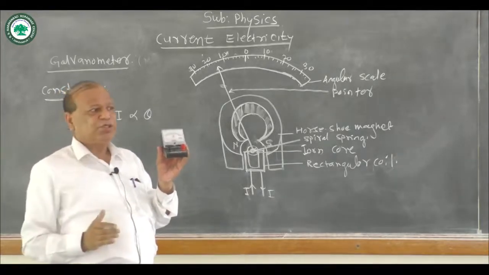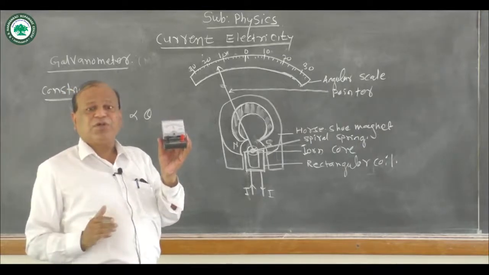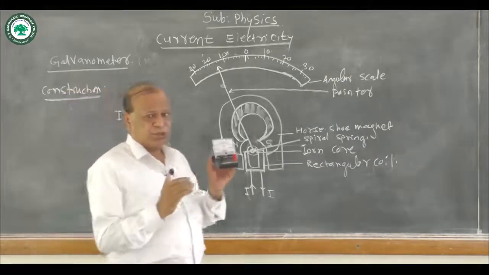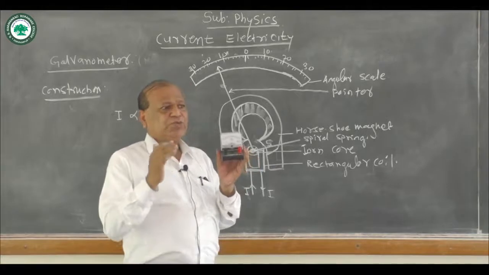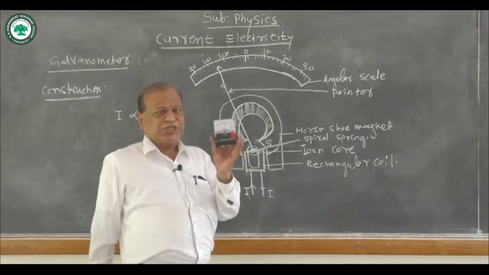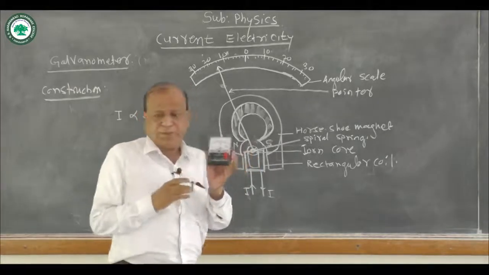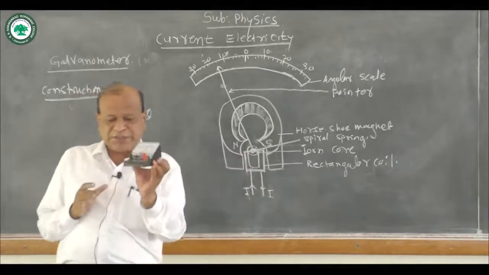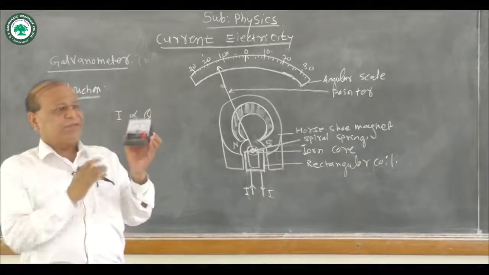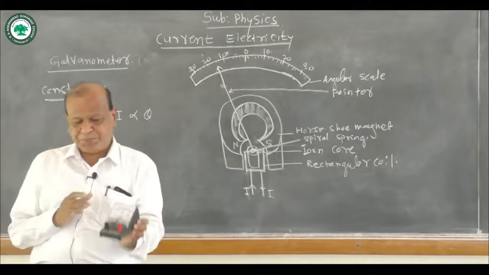The ammeter is used for the measurement of current, and the voltmeter is used to determine the potential difference across a given circuit or two points of a given circuit.